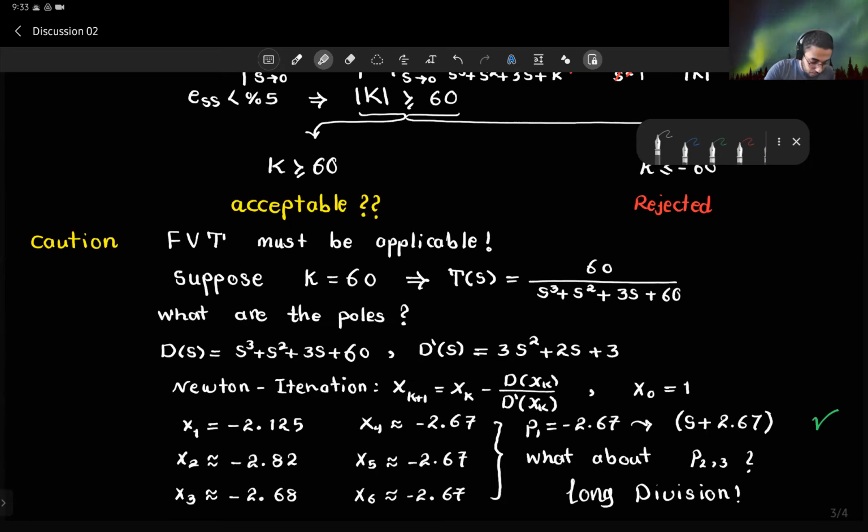So the first iteration will give that x is equal to negative 7.125. The second iteration will give approximately negative 5.94. The third iteration will give negative 4.26.